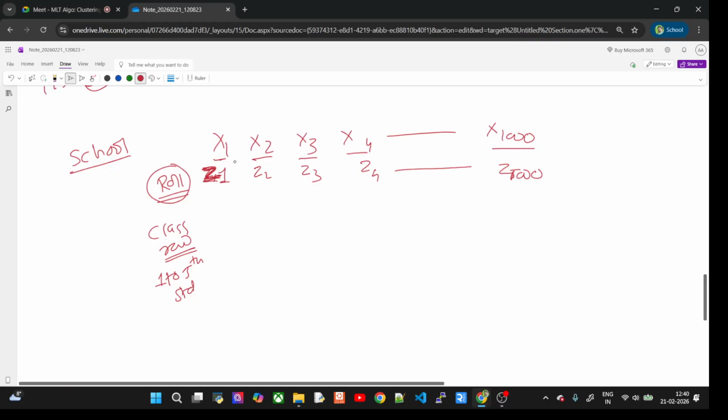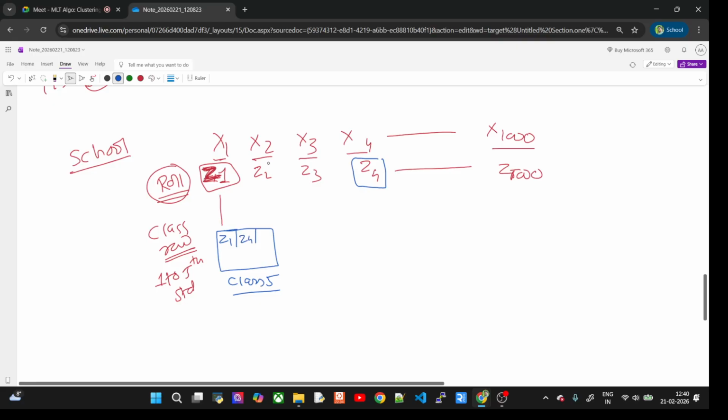You say z1 will go to classroom number 5, the fifth class, because the student belongs to the 5th class. Student id z4 also belongs to class 5.